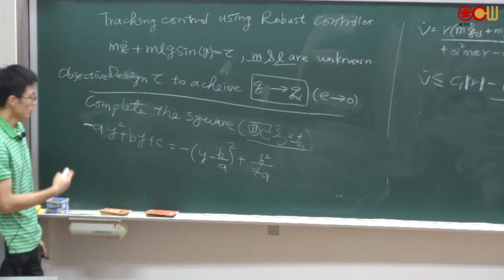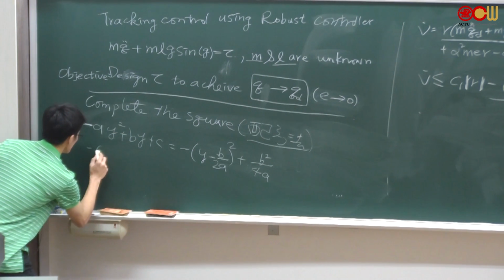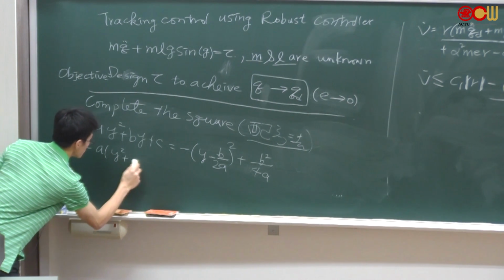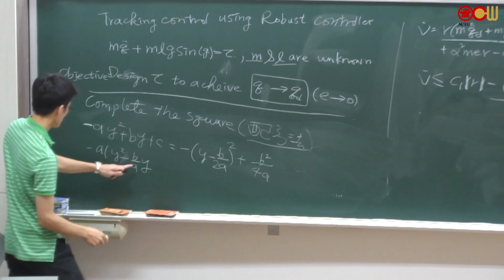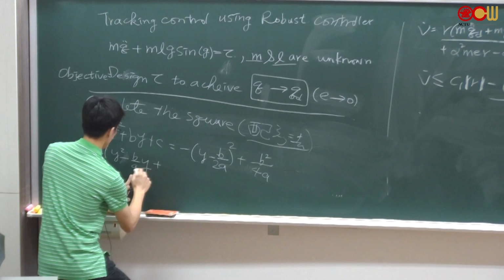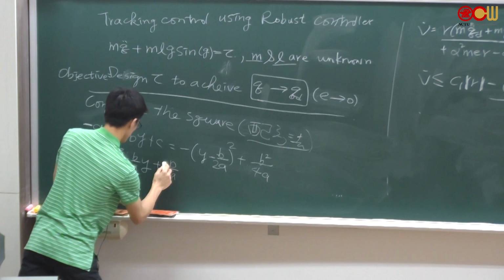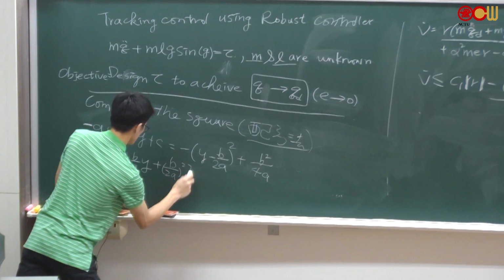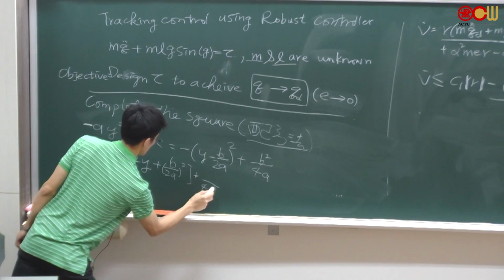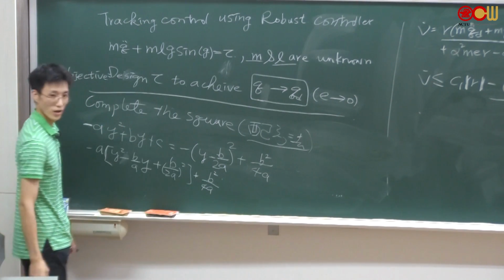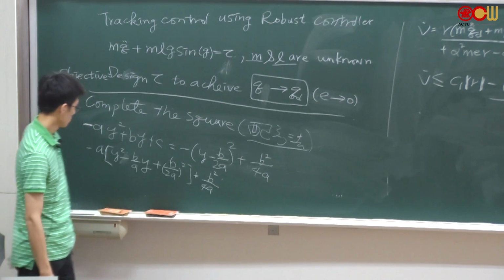Remember, right? Let's try this. y squared plus by, minus, plus b squared over 4a, right? So this equals this, okay?